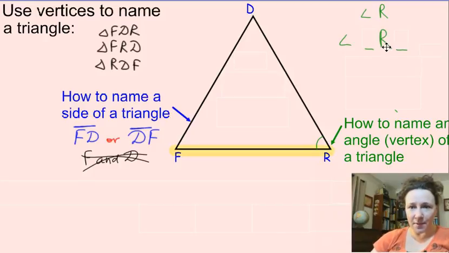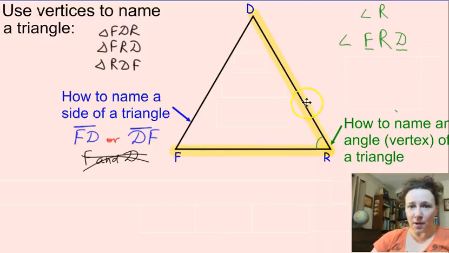You can't really make a mistake with what other vertices, because what's left are just vertices F and D on the other side. So to complete this name, I will mention both of them. It's also not important to follow the order.